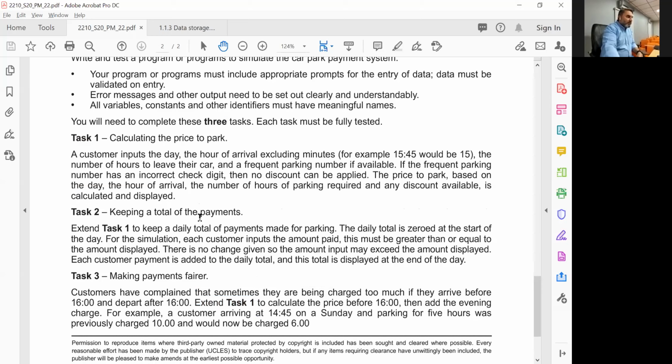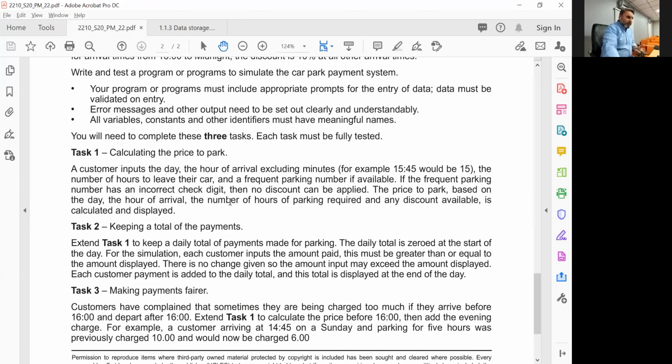Logical progression, these are a bit different. Here the task one is the complete program and then we extend the program in task 2 and again for task 3 again we are actually extending task 1. So they can be treated as a whole program in their own, or they can be rewritten for the extension thing. So let's see.